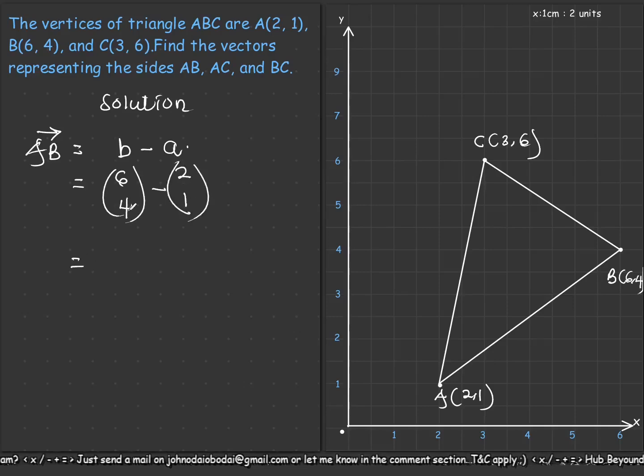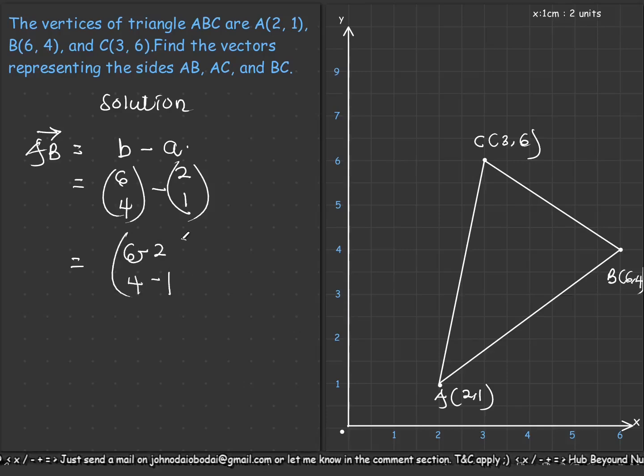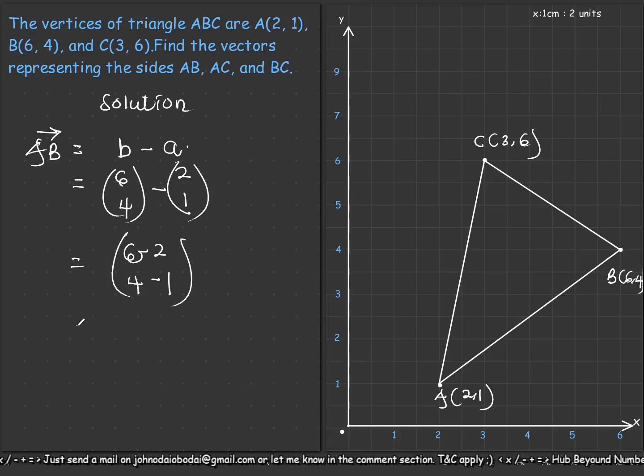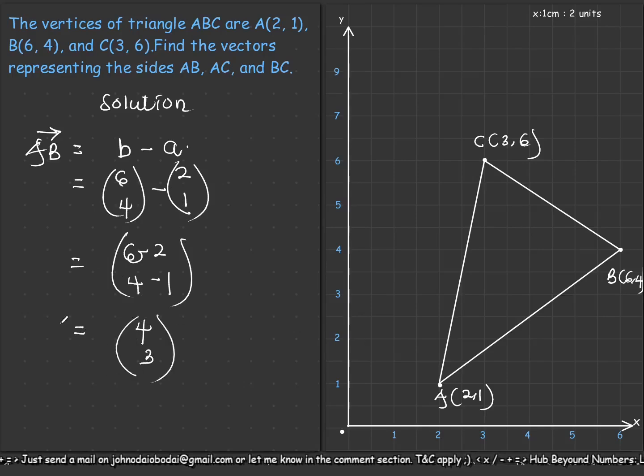So evaluating, we have 6 minus 2, and then 4 minus 1. That is x component to x component, then y component to y component. 6 minus 2 gives us a 4, and then 4 minus 1 gives us a 3. So this here is our vector AB, and that is it.